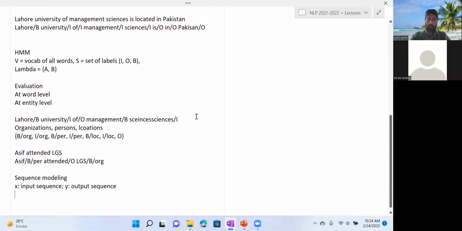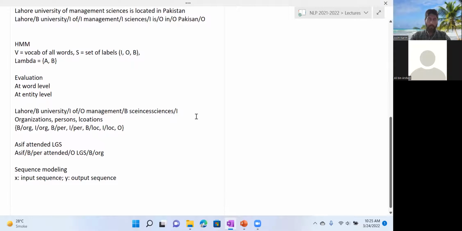And for sequences, we will use the angle brackets in the superscript to denote the position in the sequence. So for example, I live in Lahore is basically, let's say, X. Just hold on, I will explain the notation in a bit more detail.